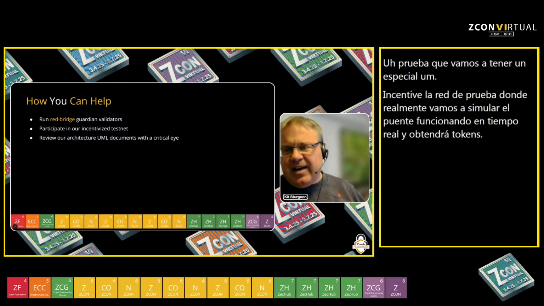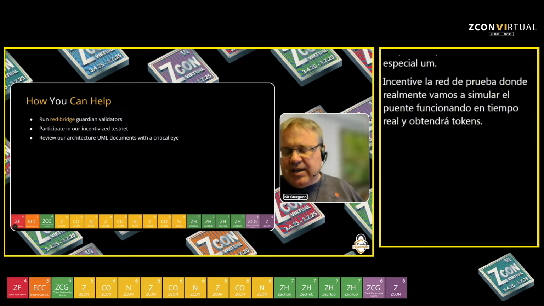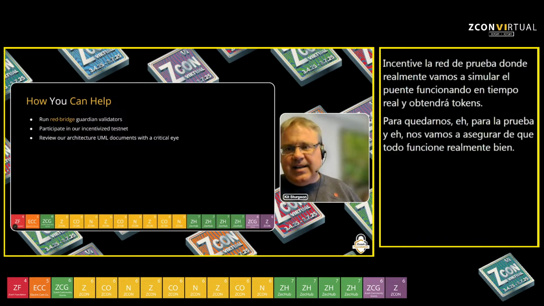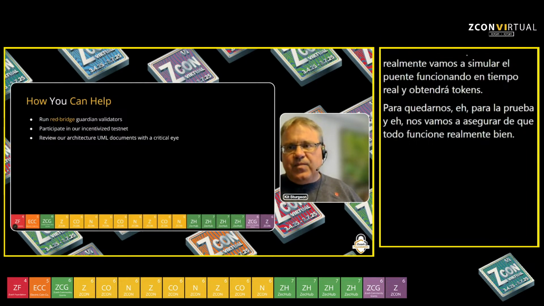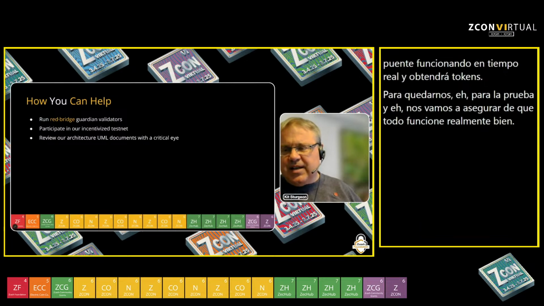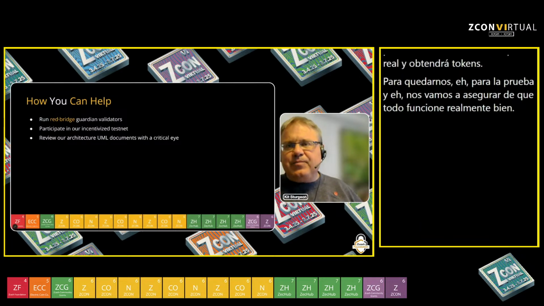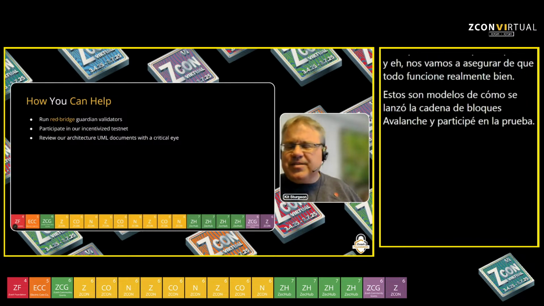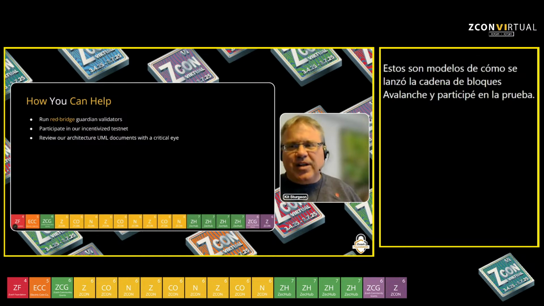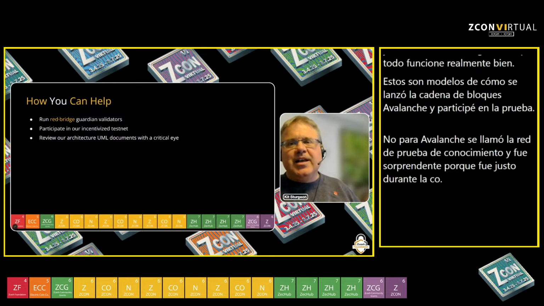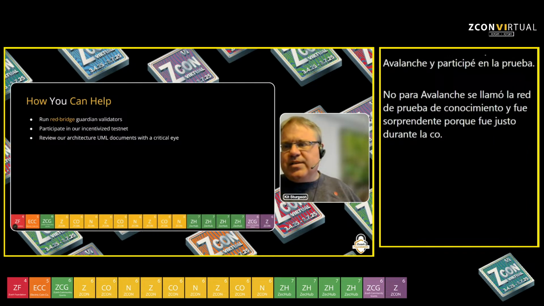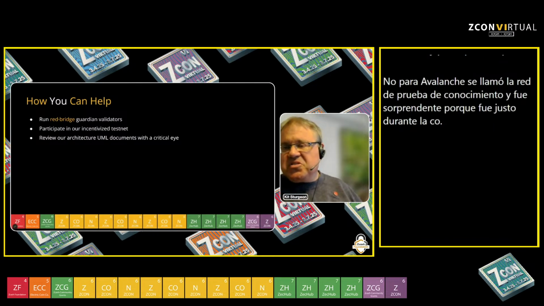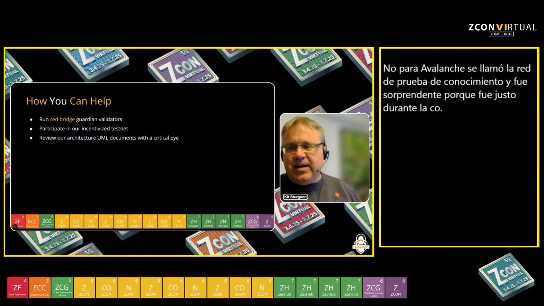This is modeled after how Avalanche, the blockchain, launched, and I participated in the testnet for Avalanche. It was called Denali testnet, and it was amazing because it was right during COVID. As you know, it was such a welcome distraction from the real world, and all we had to do was run validators, and 1,000 of us participated.